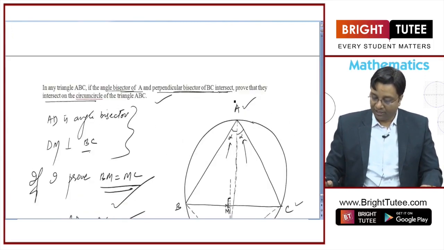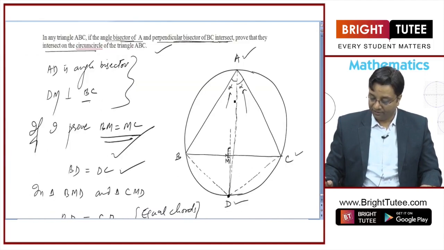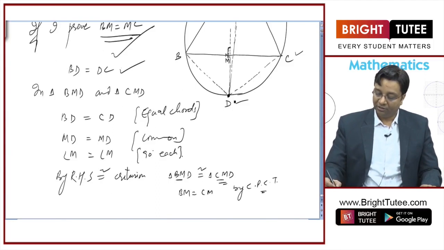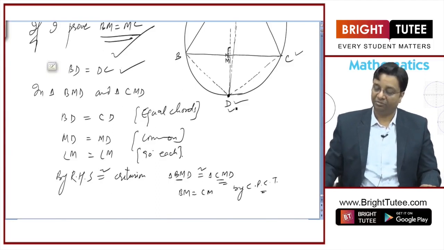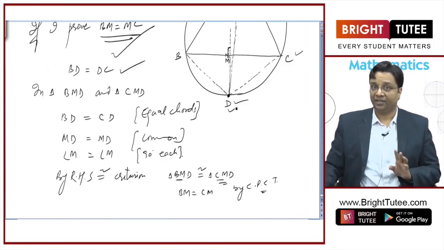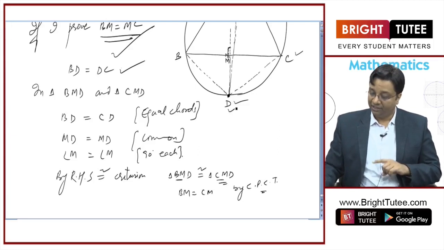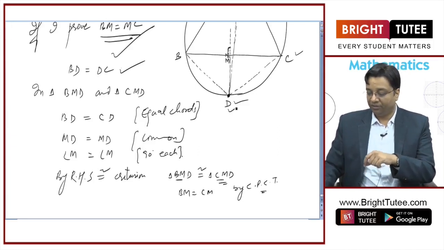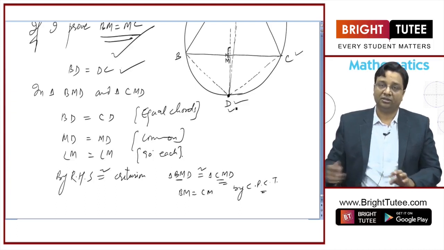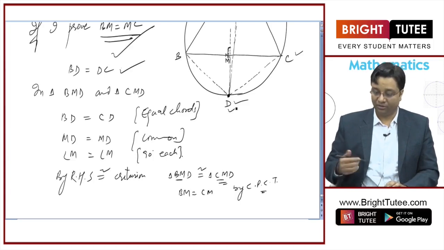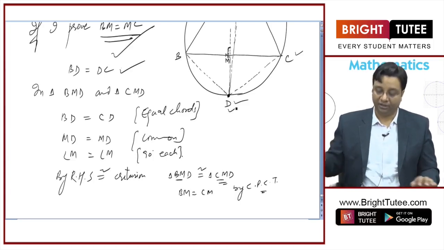So you can go by any of the two ways, but it is always recommended that you drop a perpendicular from D to BC, because we can do that easily. Otherwise, if we drop a median to BC from D, it is not like it will not be easy for us to draw the median, right? But anyways, we can drop a perpendicular.